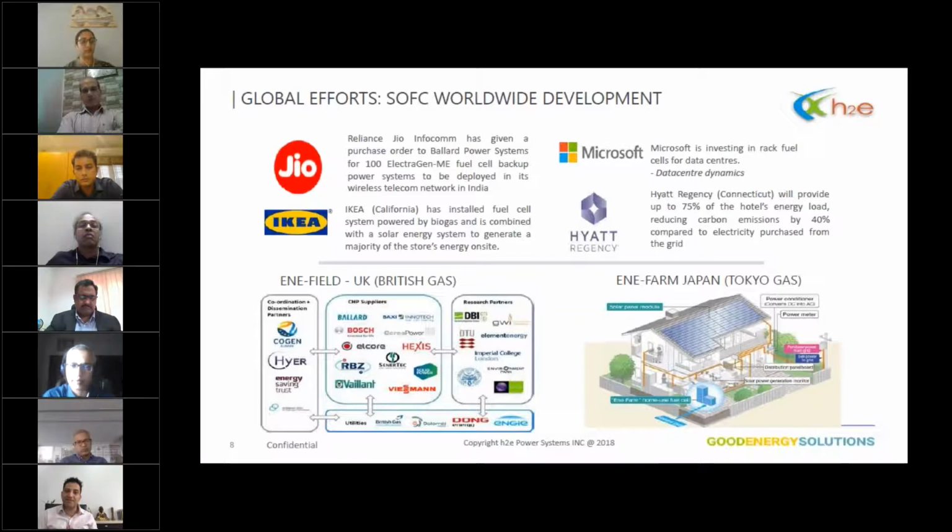Fuel cell as a subject has been a subject of a lot of discussion worldwide. People in Japan, people in South Korea, in Europe, especially in Germany, are looking at hydrogen as a big story to power their energy matrix. It is said that by 2040, almost 50 to 60% of our energy matrix will be powered by hydrogen. So when I talk about fuel cells, we always talk about energy. We don't talk about electricity alone.